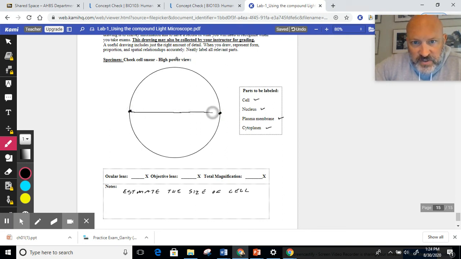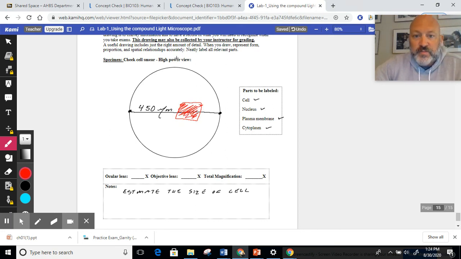The distance across here is 450 micrometers. So you don't have to draw that on here. I'm just showing you. If I was to draw something that I'm looking at under the microscope, let's say I drew this thing here, whatever this is.